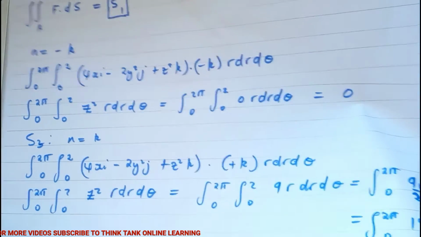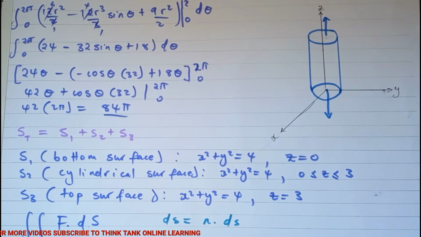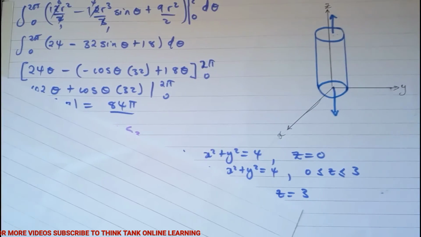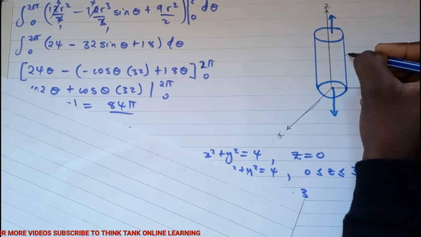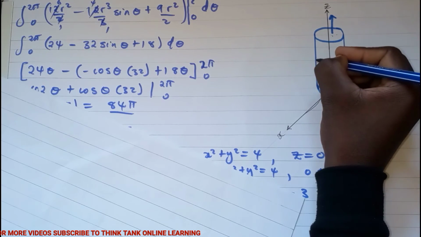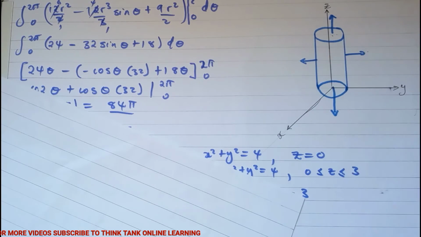Okay, so for the second surface, the reason why it is hard is that we don't know the normal. The normal is neither positive k nor negative k. So for this surface, the outward flux can be anywhere in this direction, or in this direction, or out of the page and into the page.